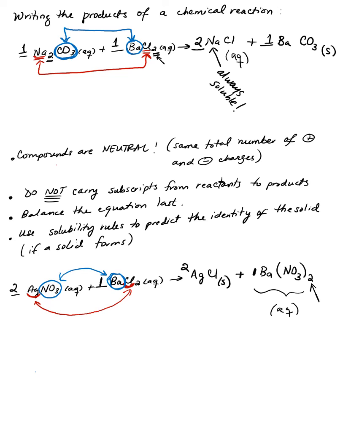You're combining your ions, making sure the formulas for your new compounds are correct by balancing the charges, using subscripts to balance your positive and negative charges. Once you have the formulas of your products, you balance the overall reaction. Once it's balanced, you find out, okay, in my observations I have formation of a solid, so let me use the solubility rules to identify which solid I got when I mixed these two solutions.